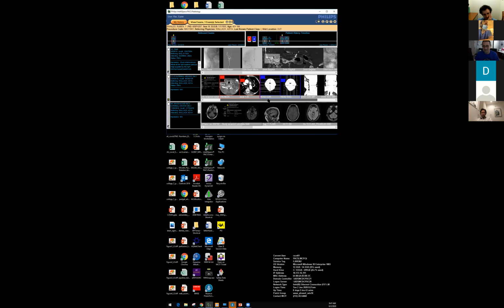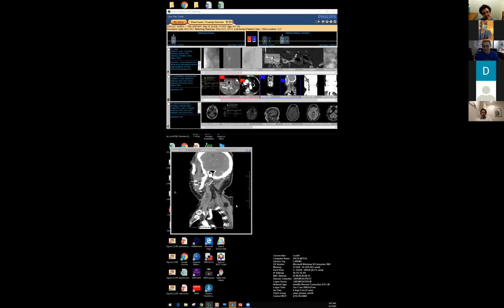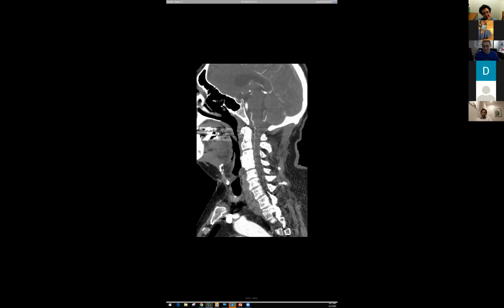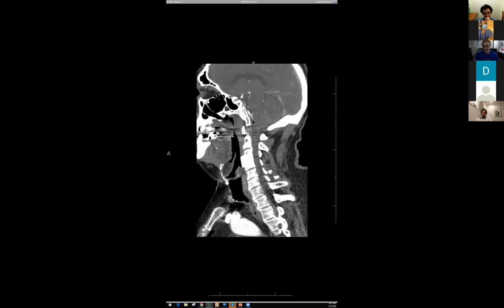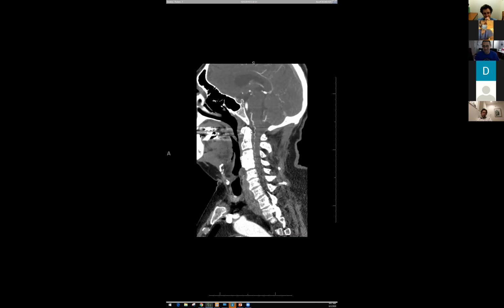A CTA was also done, and the CTA is actually very good, because it shows very well an increased size of a vein that runs in the midline from the pons to the cervical spinal cord, which is the anterior pontomedullary vein continuing as the anterior spinal vein.